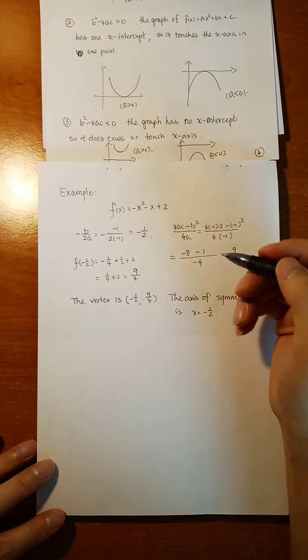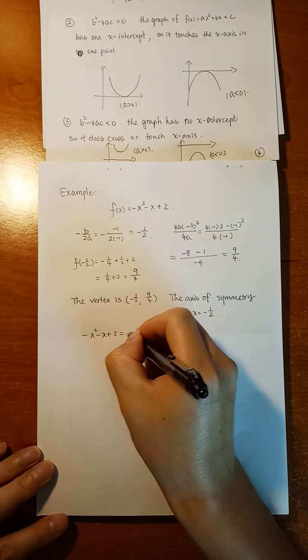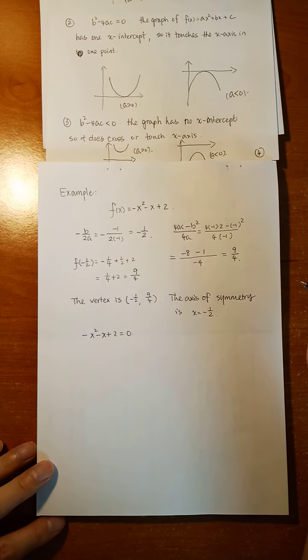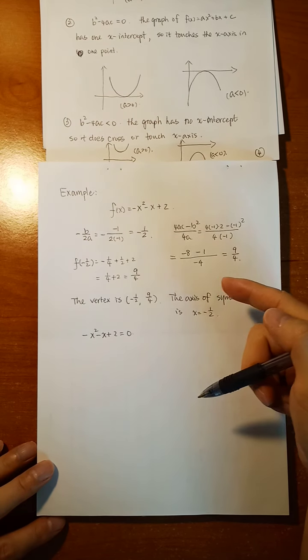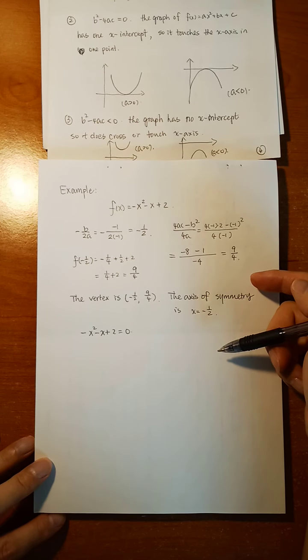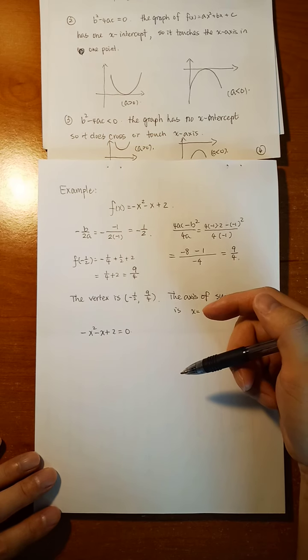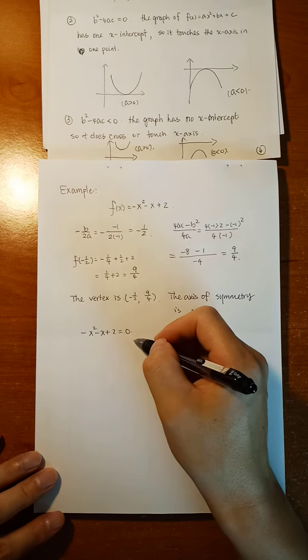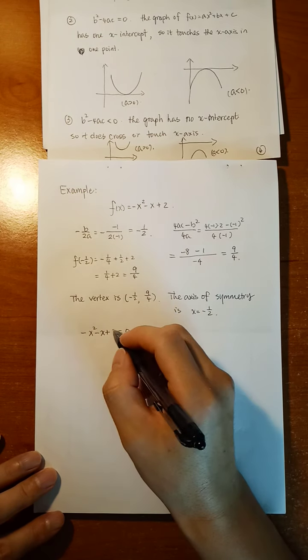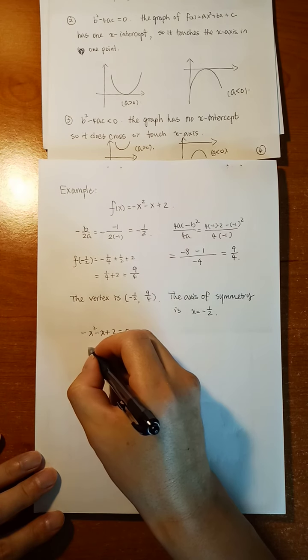Okay, and then let's check the x-intercept. The x-intercept is the solution of a quadratic equation. So in this section we talk about quadratic functions, and we already did the discussion about quadratic equations. This is a quadratic equation. I multiply both sides by negative 1.